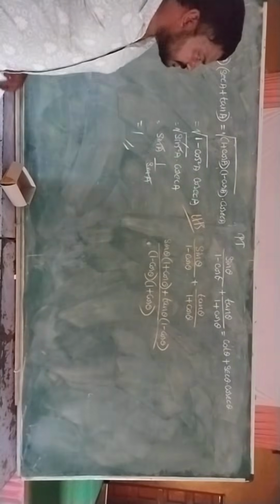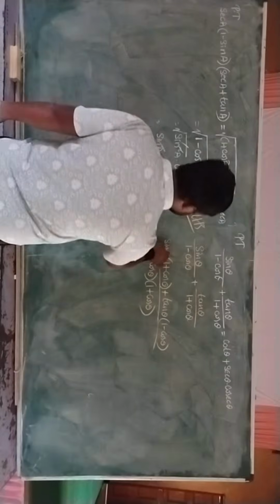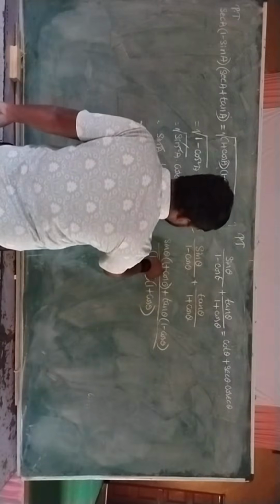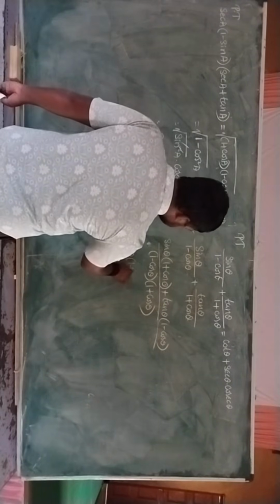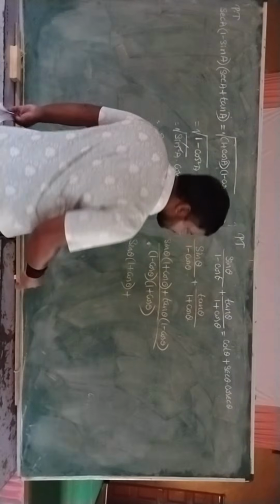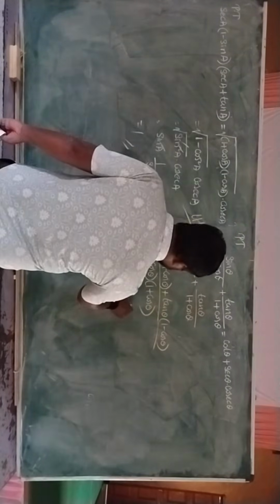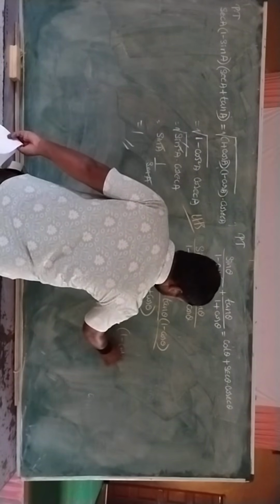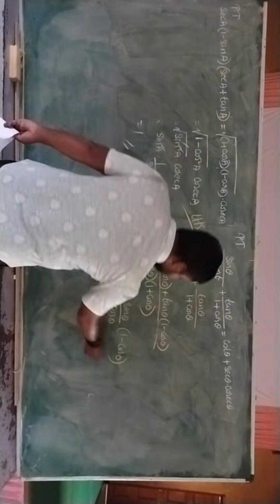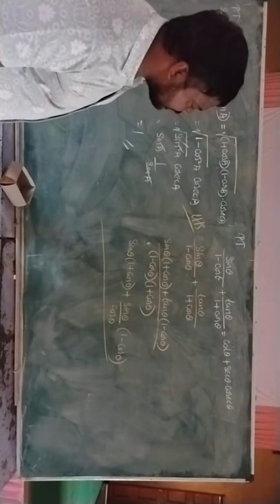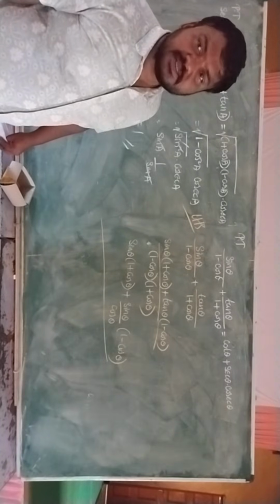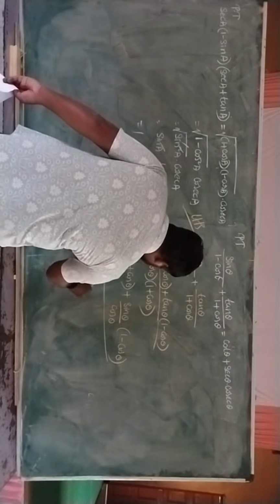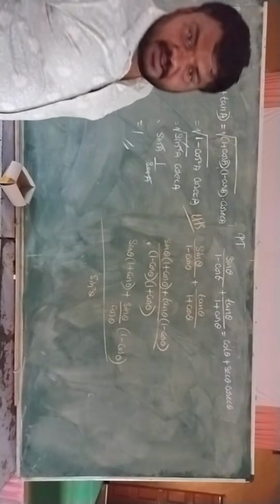Now sin theta as it is into bracket 1 plus cos theta, plus tan I can write as sin theta upon cos theta into bracket 1 minus cos theta, divided by 1 minus cos theta into 1 plus cos theta. 1 minus cos square is nothing but sin square. So directly I can take sin square theta. Am I right?